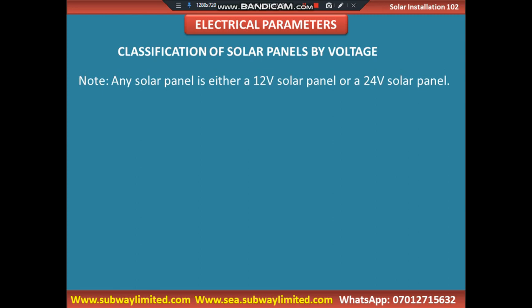Why do we say that we have two types of solar panels when we are considering the voltage of a solar panel? Basically, before now, we have systems that are 12 volts.